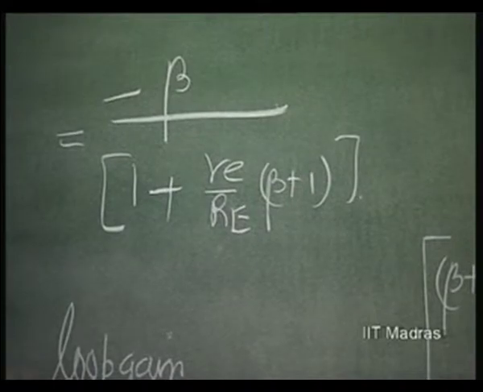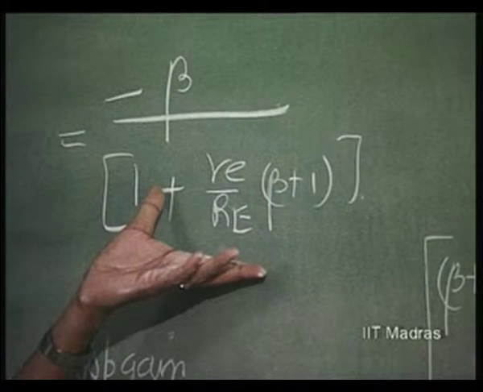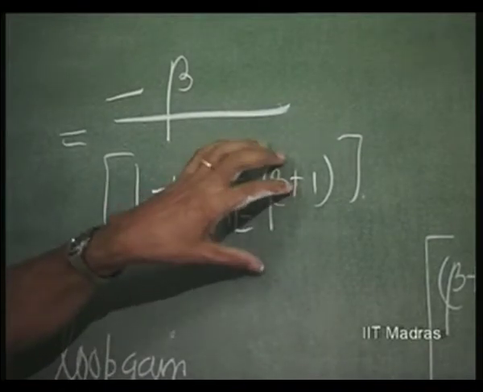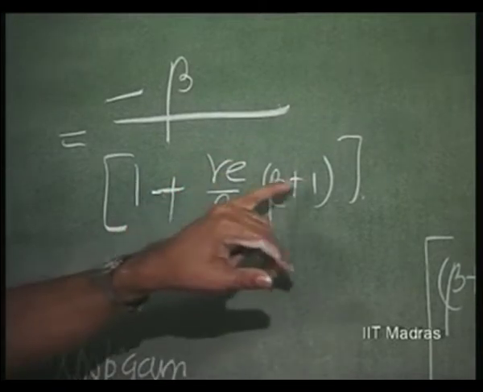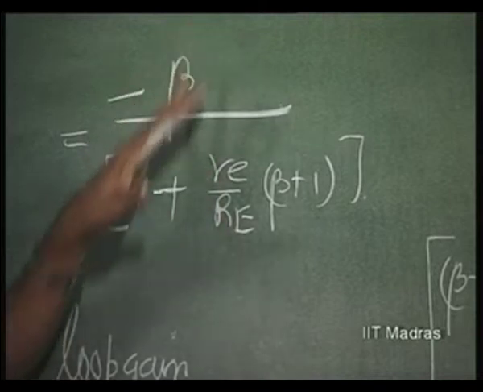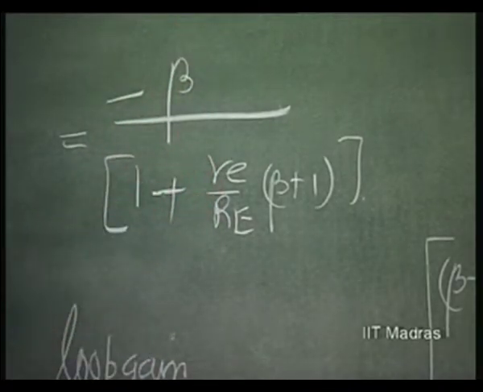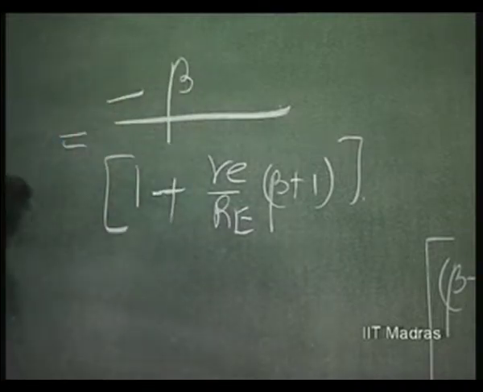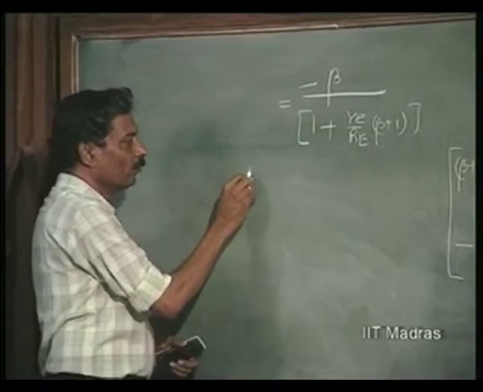So, this is the loop gain, which is going to be much greater than 1, as long as this factor is not too high. Re into beta plus 1 is going to be of the order of capital Re, and therefore, this is going to be of the order of beta by 2 or so, which is pretty high. So, we know that the loop gain is negative and is high. Then we can convert it into Y parameter.